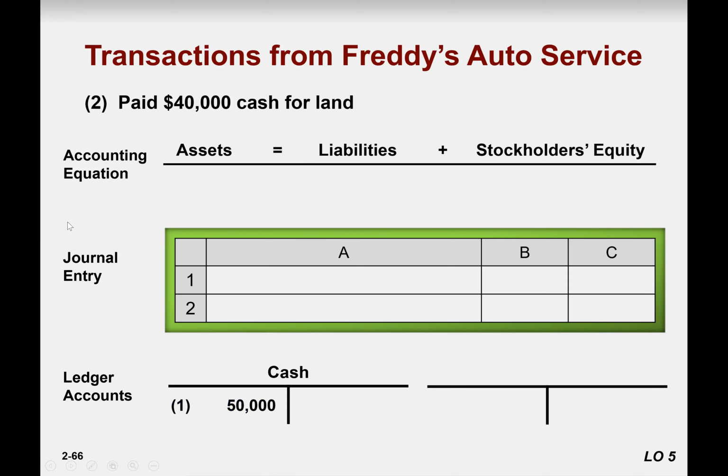Now the second transaction is paid 40,000 cash for land. So how we are going to record it in assets? Now this time, Florian. Florian, can you hear me? So put this transaction in accounting equation.